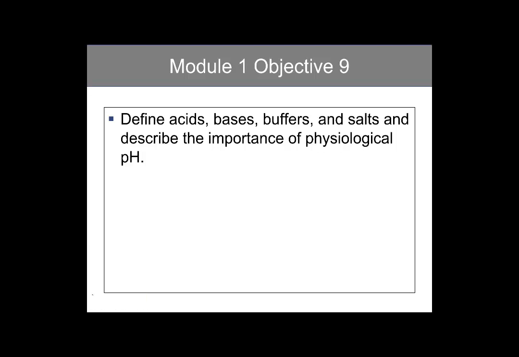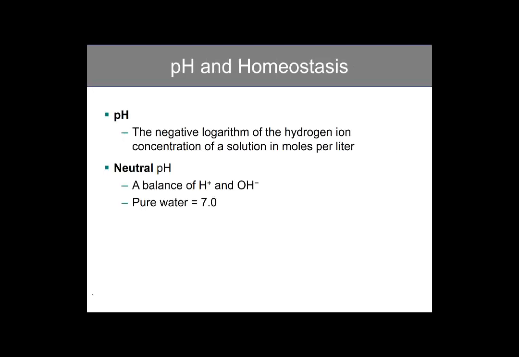Module 1, Objective 9: define acids, bases, buffers, and salts, and describe the importance of physiological pH. pH, by definition, is the negative logarithm of hydrogen ion concentration of a solution, usually characterized in moles per liter.